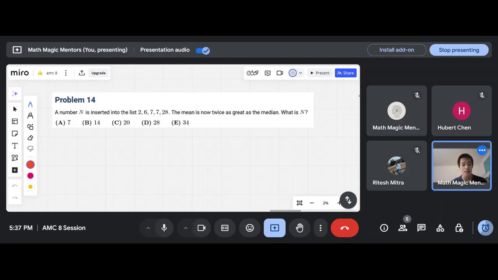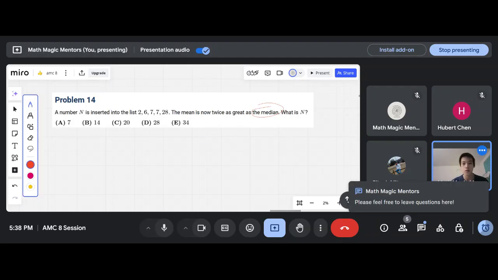But sometimes you can exploit the answer choices, and that can help you solve the problem, especially when you don't know a property, like we don't know what the median is after we insert n.